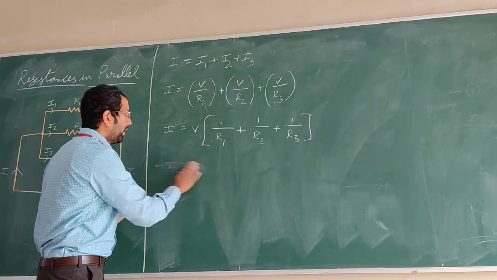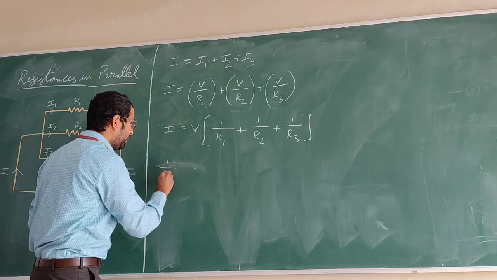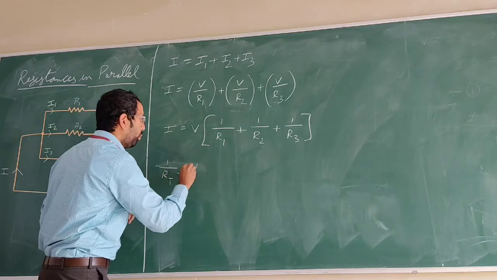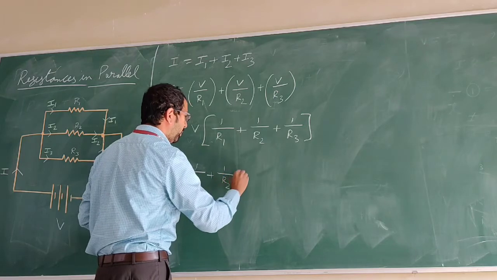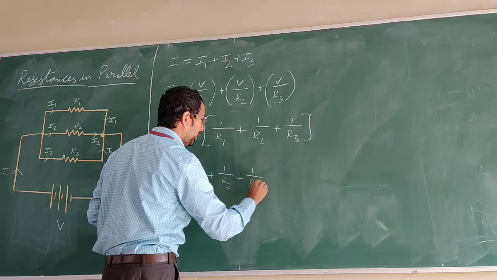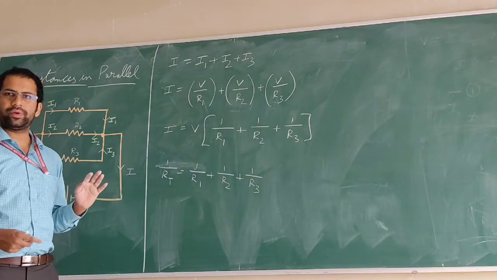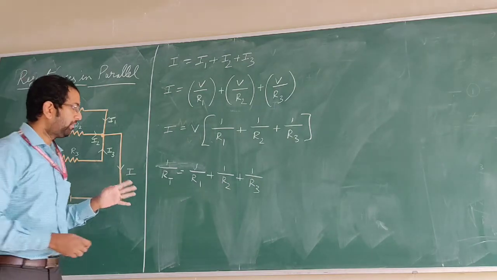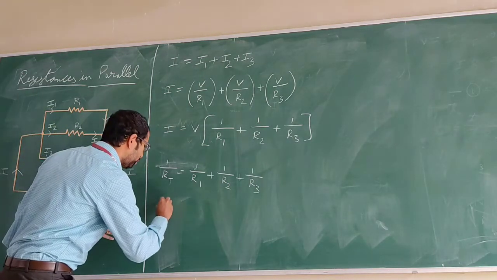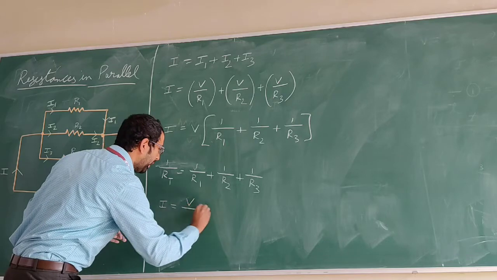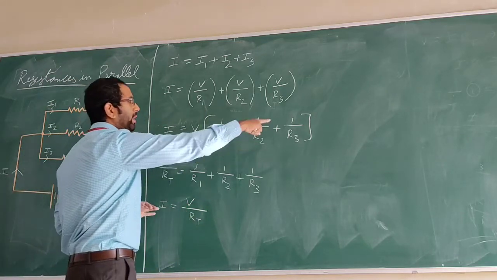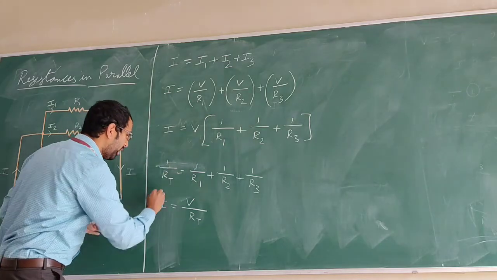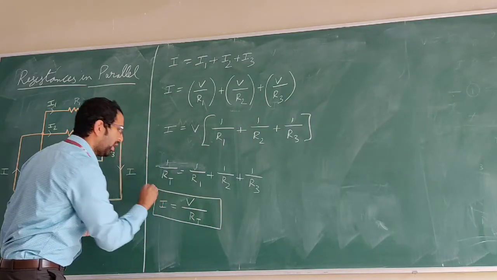Now instead of this, let me take 1 by RT is equal to 1 by R1 plus 1 by R2 plus 1 by R3. This is what I can write. So I is equal to V by RT. This entire thing can be written as 1 by RT.